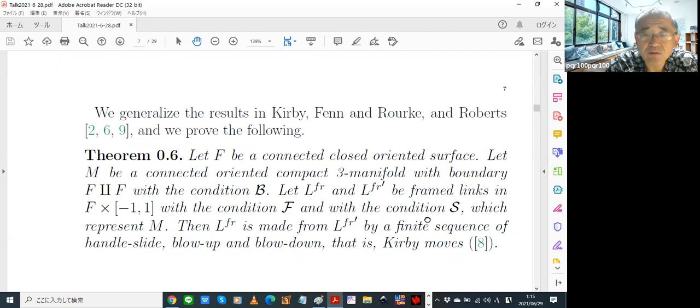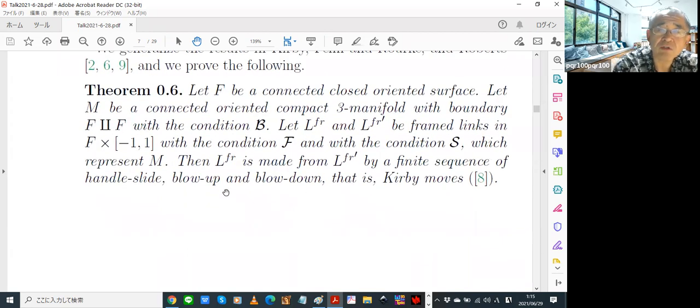That is, Kirby moves. This is an important step.